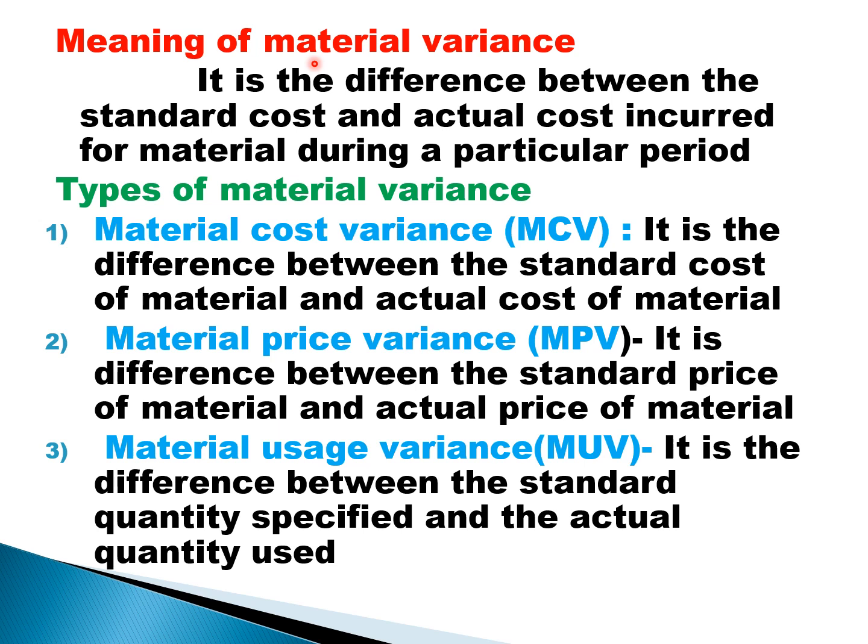For 10 people lunch to be prepared, you require 2 kg rice. But if you use 3 kg, there is a material variance. You have used 1 kg extra, that's a wastage. For 10 people, 2 kg rice material enough. But the usage is 3 kg.